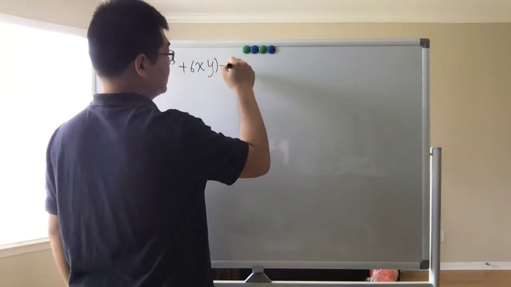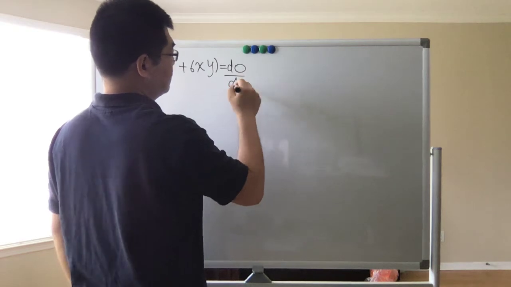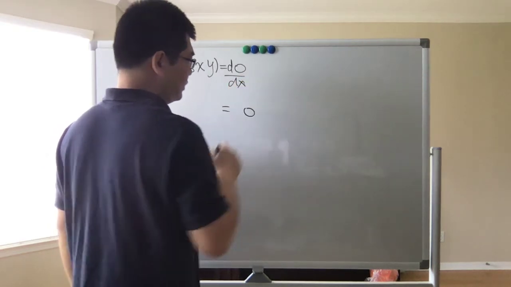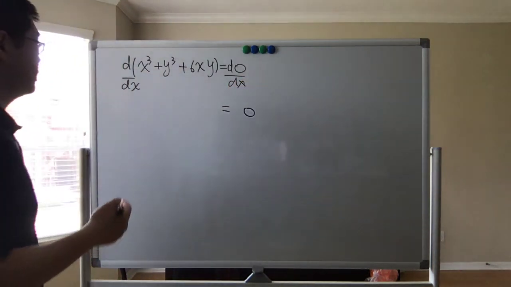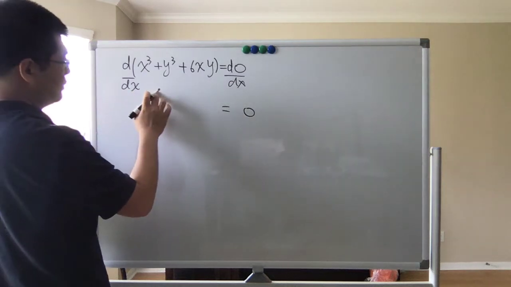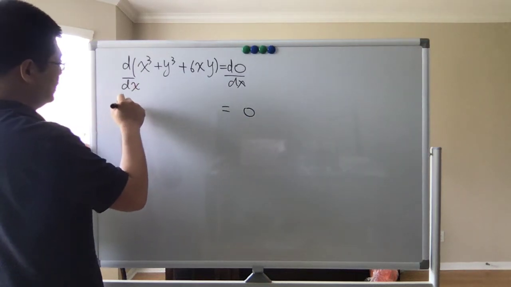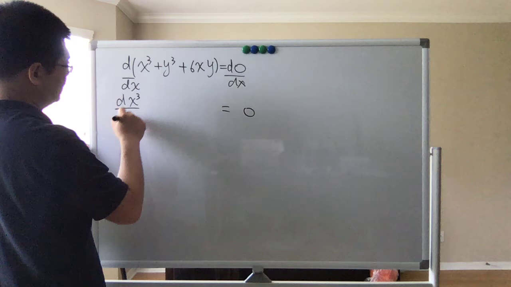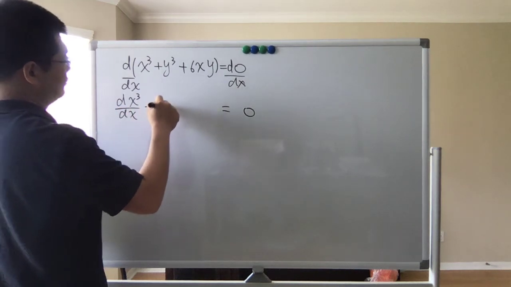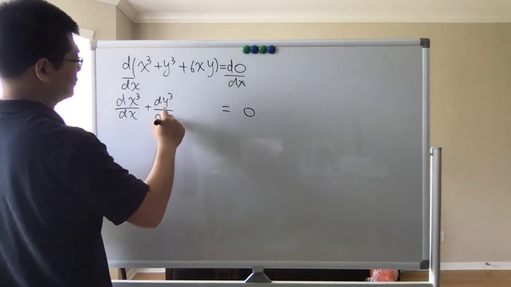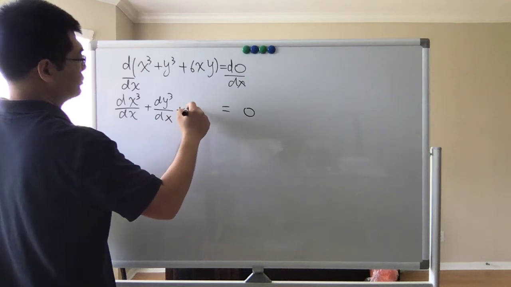Of course, guys, d(0)/dx, do you agree? It's still 0, right? Okay, so now based on the derivative rules, this is what I can write.